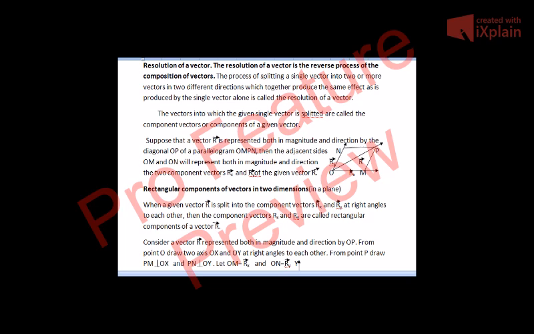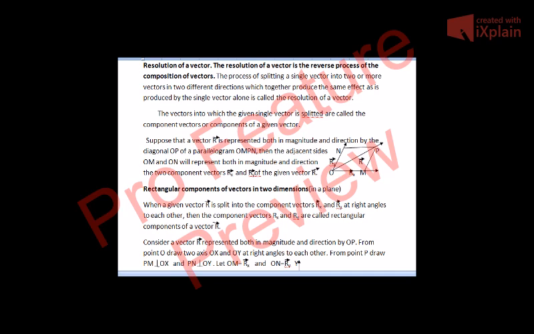Now, what are rectangular components of a vector in two dimensions, that is, in a plane? You know that if you take the room as a reference, then there are three planes: XY plane, YZ plane, and XZ plane. For example, the wall represents a plane.